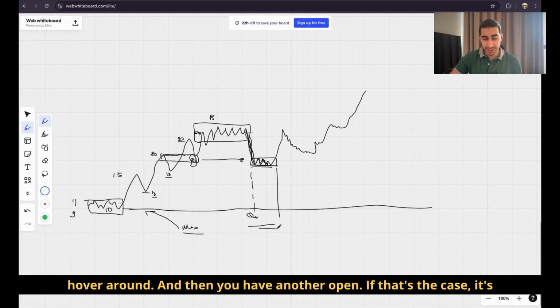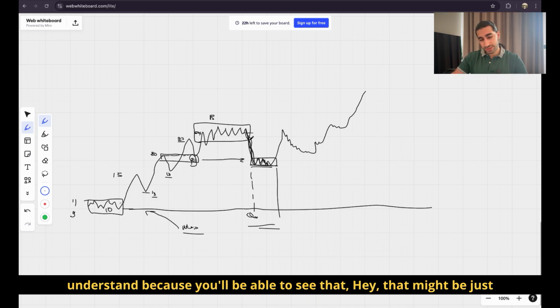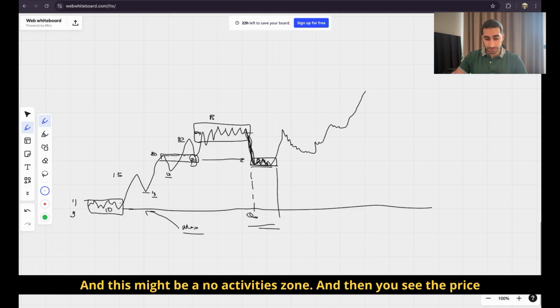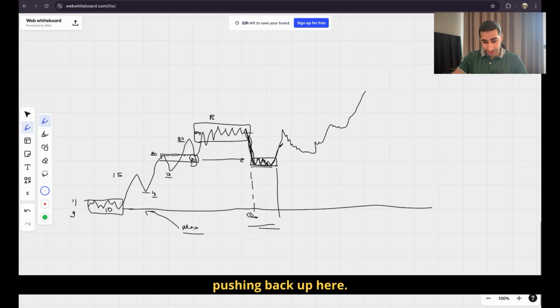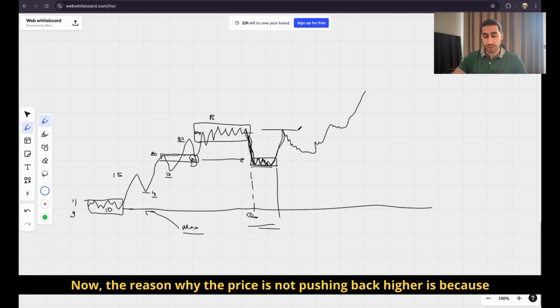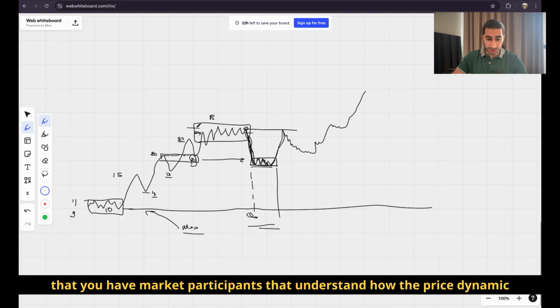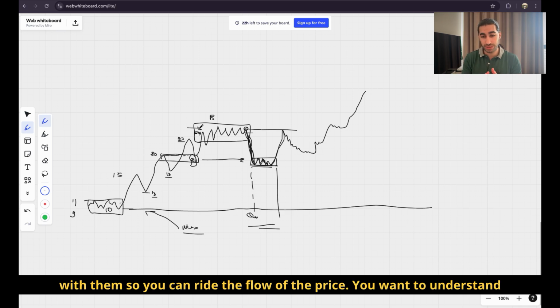If that's the case, it's pretty straightforward to understand, because you'll be able to see that, hey, that might be just investors taking their money out, and this might be a no activity zone. And then you see the price pushing back up here. Now, the reason why the price is not pushing back higher is that when you understand that market participants understand how the price dynamic works, you want to tune in with them so you can ride the flow of the price.